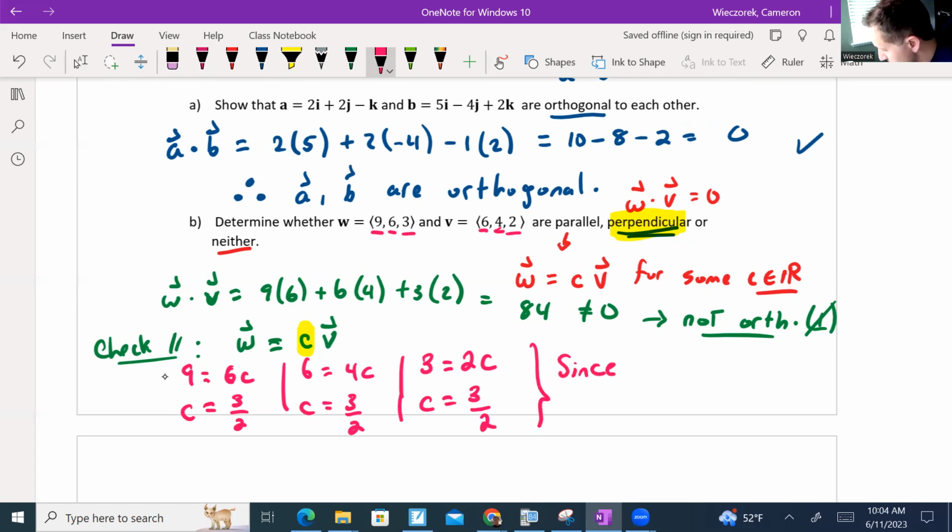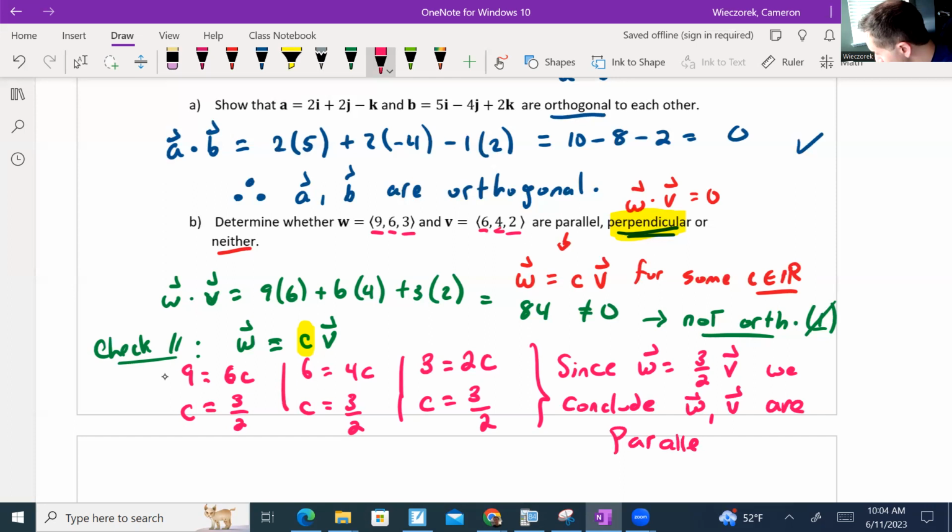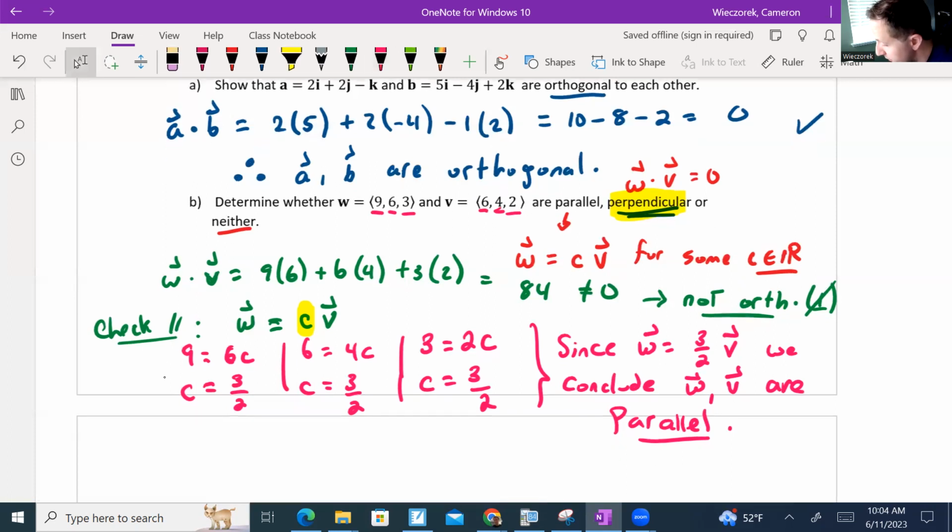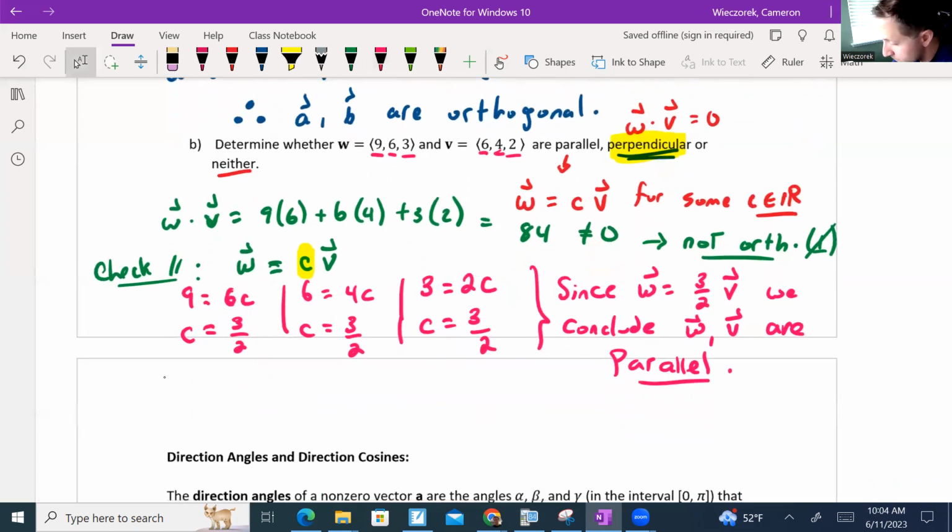So since W is equal to 3/2 times V, we conclude that W, make sure you put your arrows above your vectors, W and V are parallel. And if we got a different scalar for these 3 components, well, then we would say that they're neither, because we already ruled out that they're not orthogonal, they're not perpendicular. So that's how to attack one of these problems.